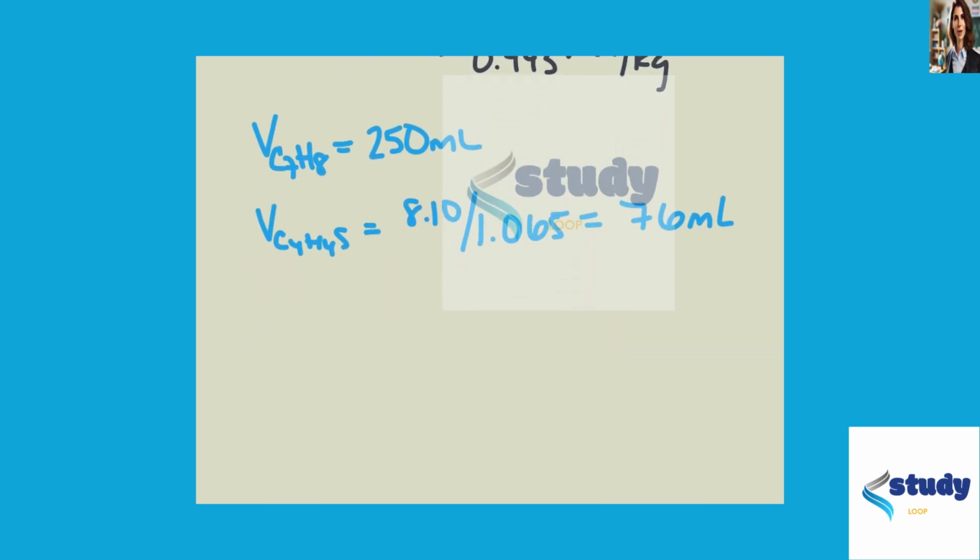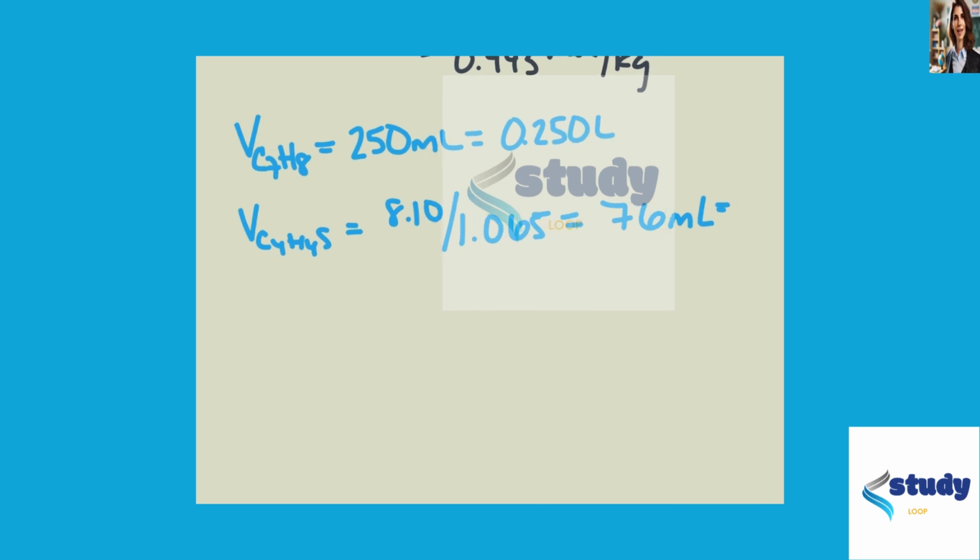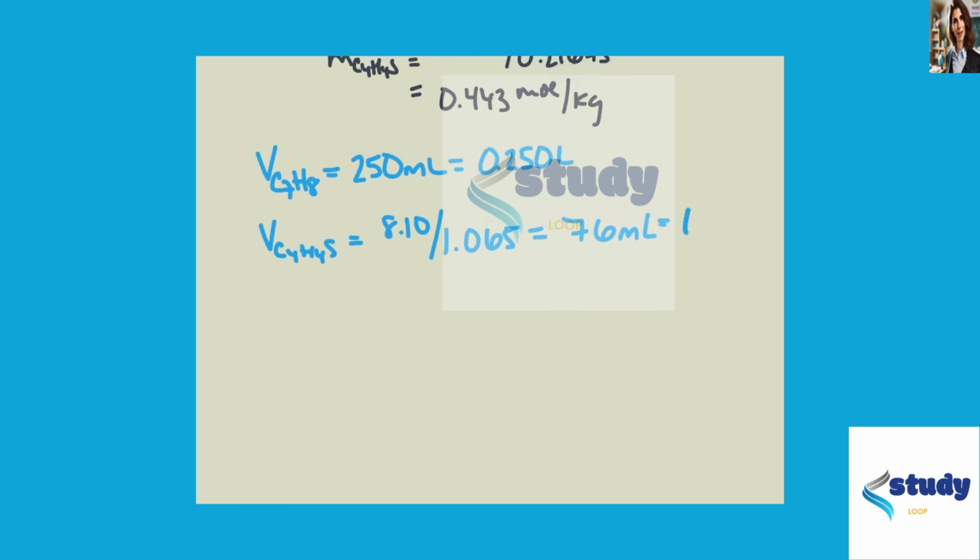Now, to do molarity, you have to do it in liters. So this is going to be equal to 0.250 liters, and this is going to be equal to 0.076 liters. So we have a total of 0.2576 liters.